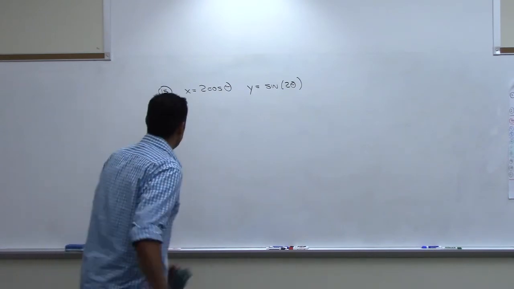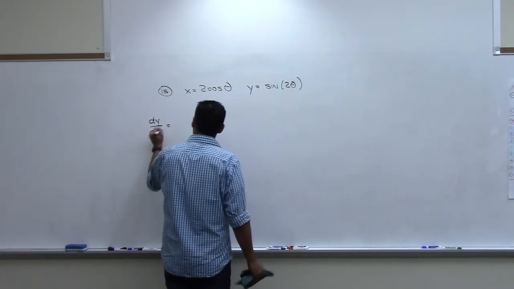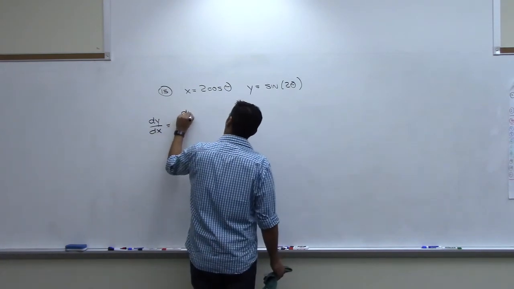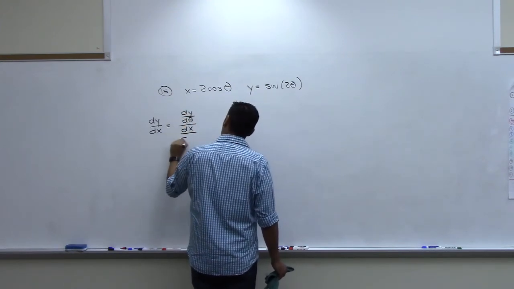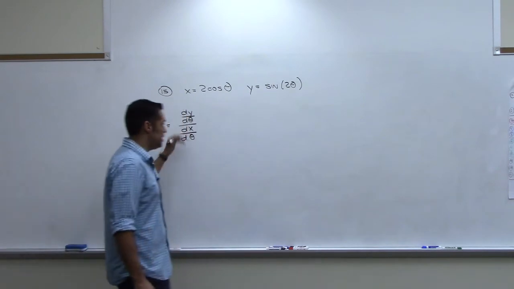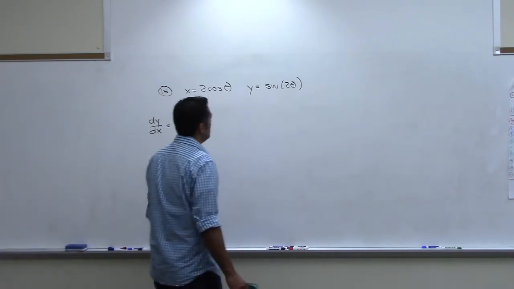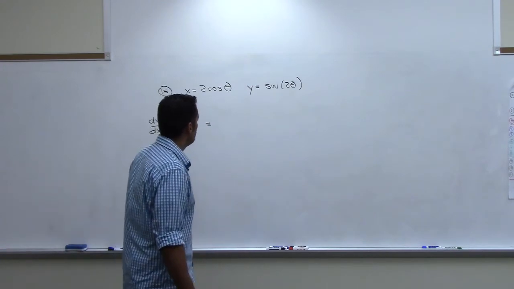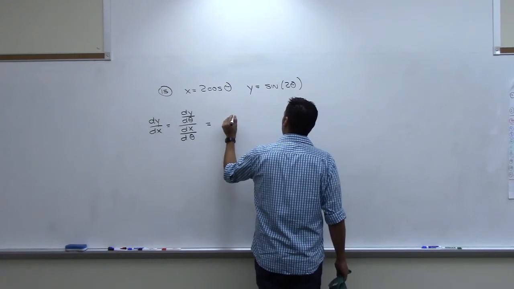That's right. So dy dx is actually, if you follow the formula, dy d theta over dx d theta because we don't have t. But it's still just derivatives. So chain rule on the dy. 1/2 sine 2 theta. No, that's the opposite, you're integrating. Sorry.